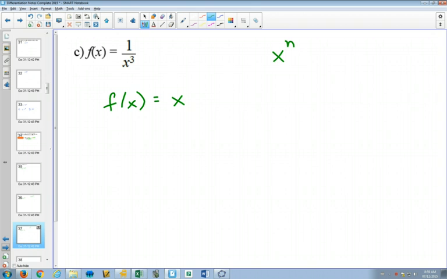What power or exponent rule can I use? The negative one. Well, if I have x cubed on the bottom, that's the same as x to the minus 3. And now, I bring that minus 3 out in front. This is where you're going to make your mistake. Minus 3 minus 1 is minus 2? No, it's minus 4. And you will make that mistake. You will subtract the wrong way.